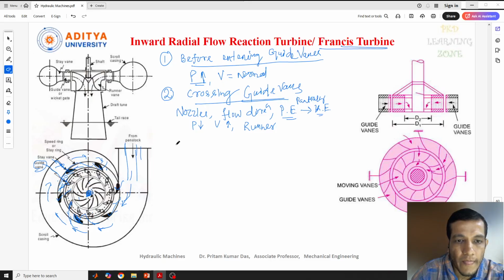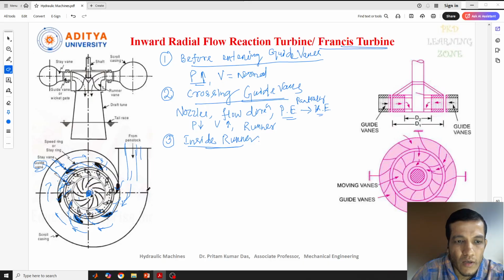Now the third step is when the water is inside the runner. As I told you, the water flows radially. You can see the water flows radially through the curved runner blade. Here the blades are all curved.